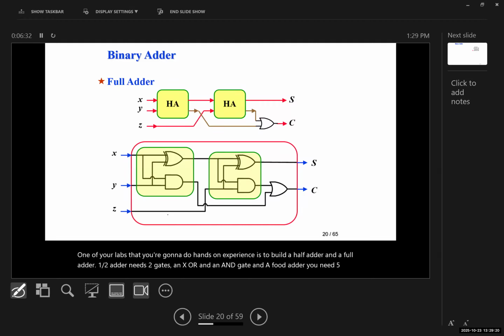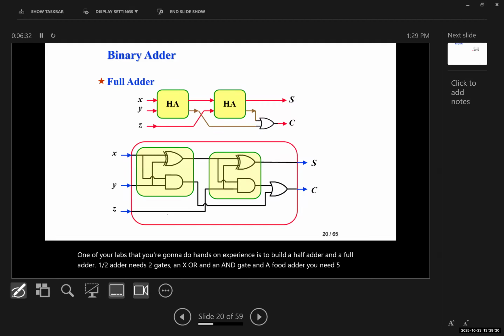The inputs for this are A0, B0, A1, B1, A2, B2, A3, B3, and C0. And it could calculate S0, S1, S2, S3, and also C1, C2, C3, and C4 at the same time. But again, it's going to be a more complex system.